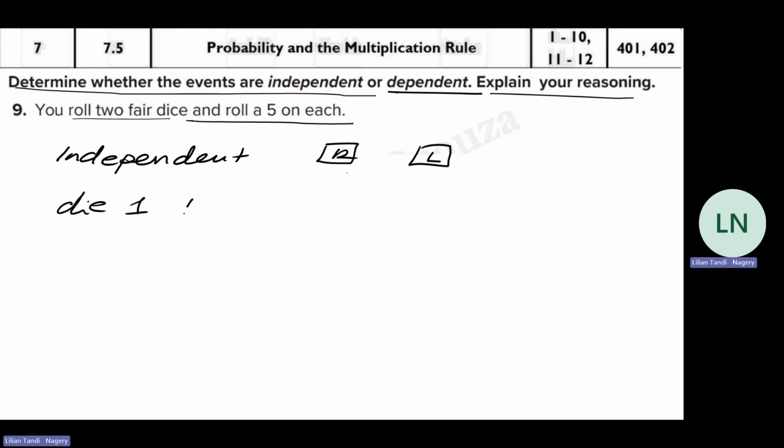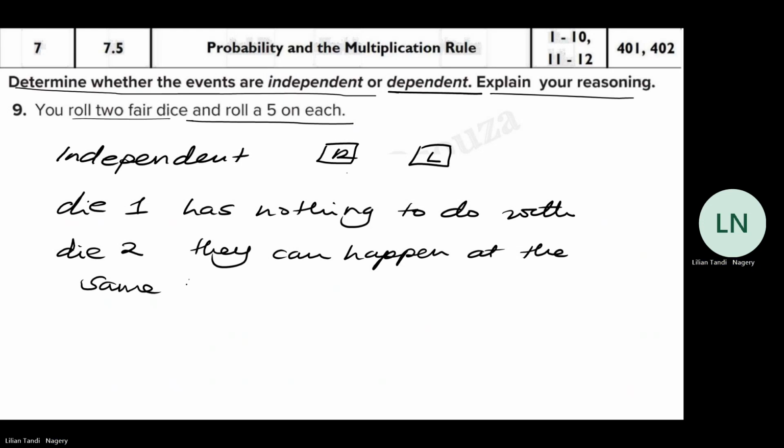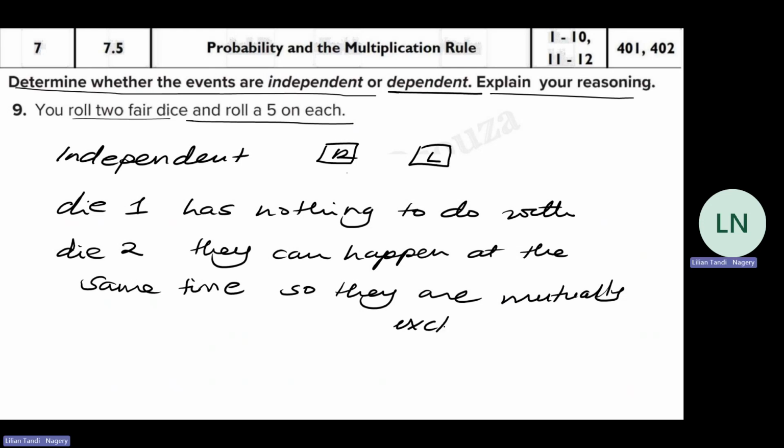Die 1 has nothing to do with die 2. They can happen at the same time. So they are not mutually exclusive.